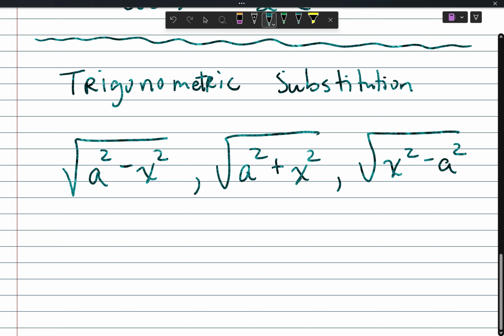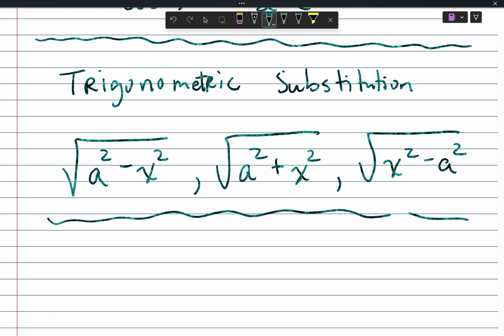Sometimes the best way to perform the integration is to make a trigonometric substitution that gets rid of the root sign. All right, so let's give this a try.